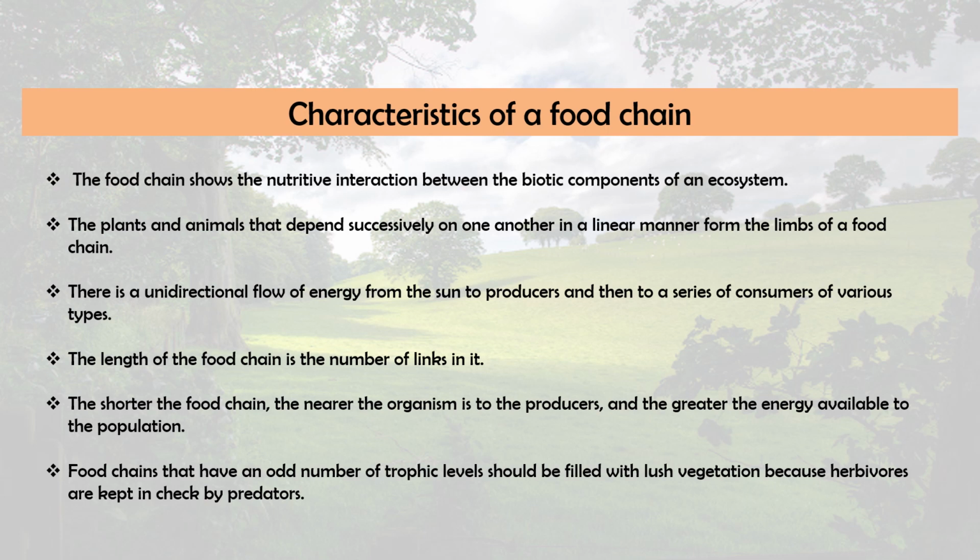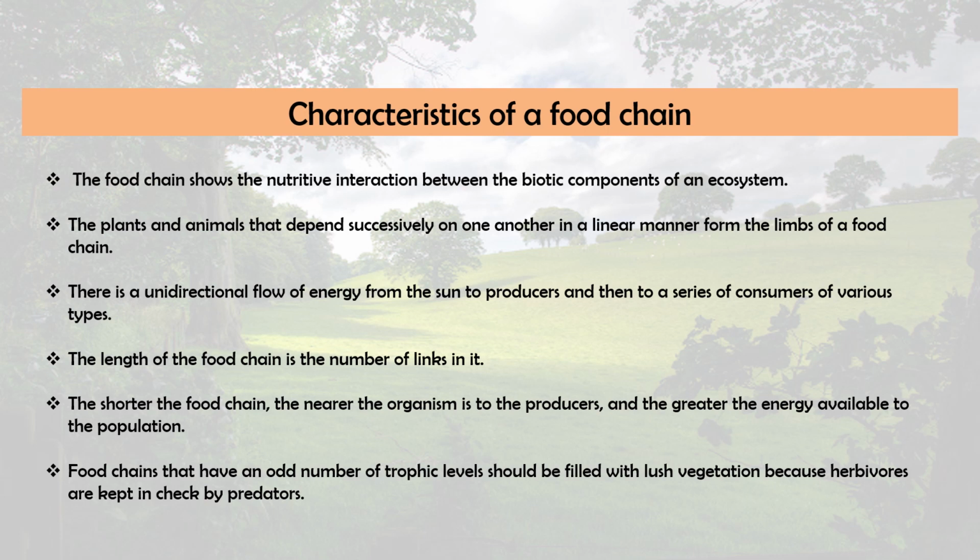So the number of links will tell us the length of the food chain. If there are five links, then the length of the food chain will be 5. So this means it's a big food chain.